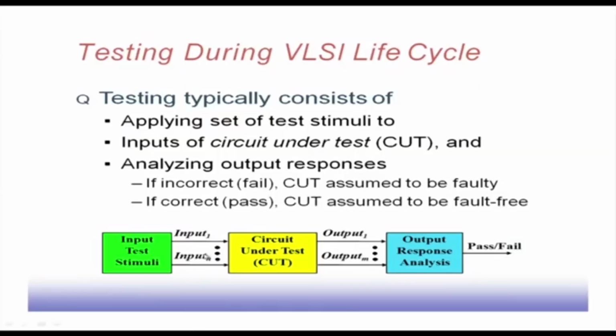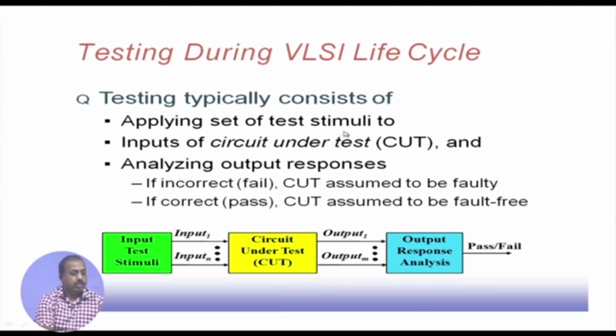So to test for all the faults, we need a set of stimuli, and all of them are to be applied. Depending upon the type of fault that we are going to detect, this stimuli part will also change. The stimuli will depend on how they can excite those faults.